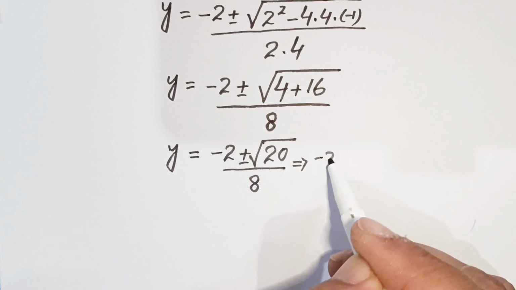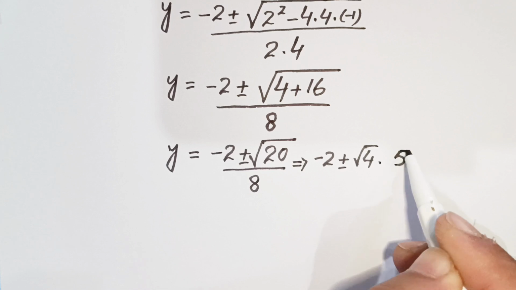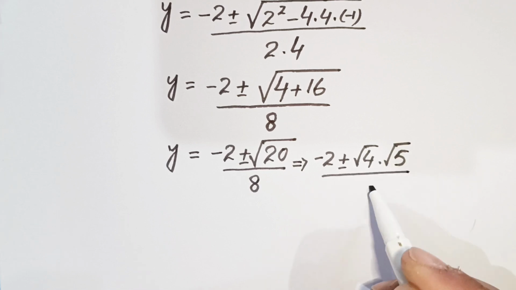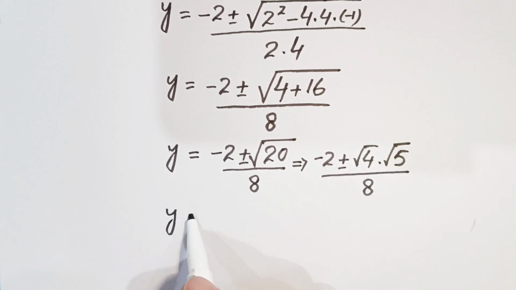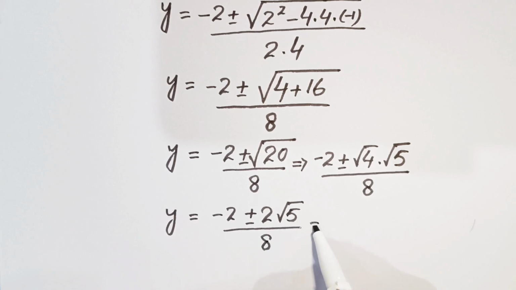So 20 can also be written as 4 times 5 under the square root, all over 8. So here we have y is equal to minus 2 plus minus square root of 4, which is 2, times square root of 5 all over 8.